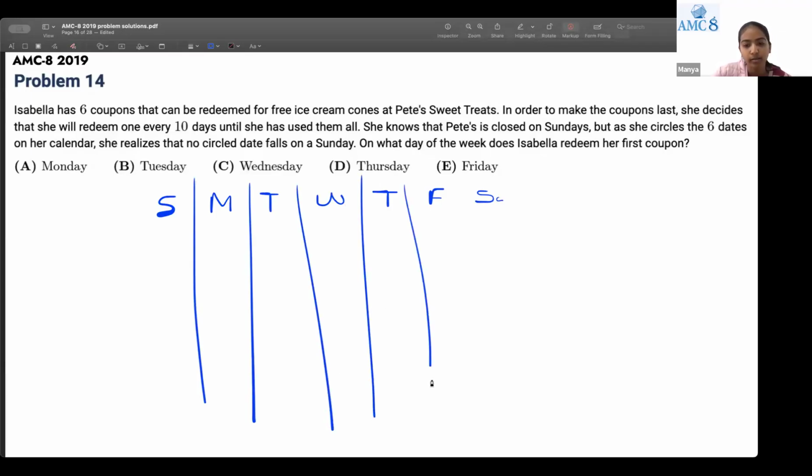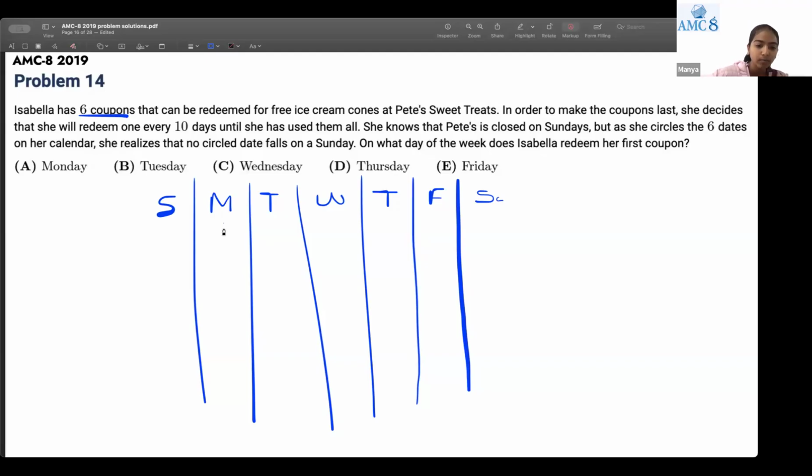Suppose that she can't start on a Sunday, because that's the one day that they don't want to redeem on. And they want 6 coupons, so they want to circle 6 dates, and none of them should fall on a Sunday. So Monday can be number 1, the first one that she can redeem.